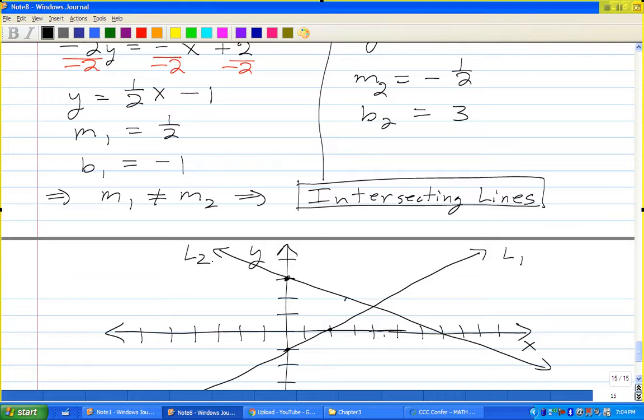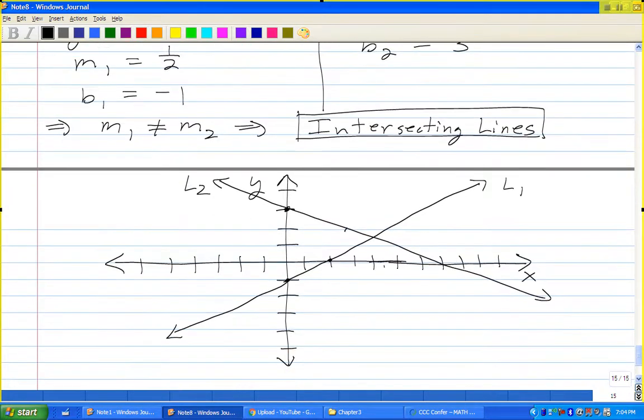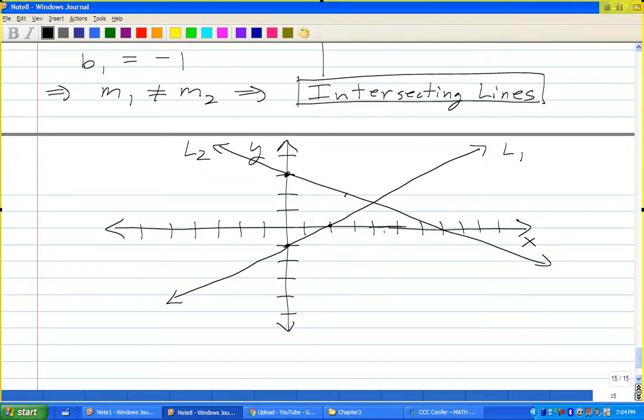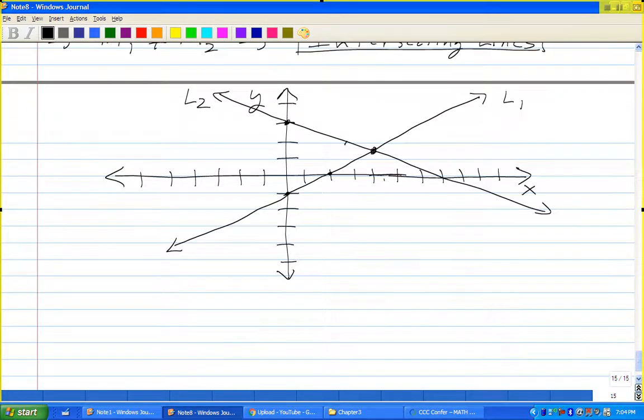Okay, so you just sort of guess where these lines intersect. Somewhere around here. Okay, so my guess is probably somewhere around (4, 1). Don't know. It's a guess.